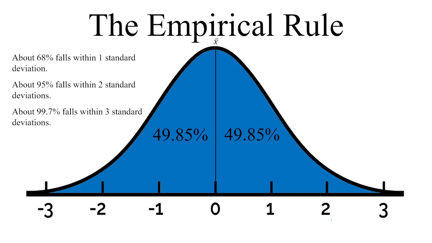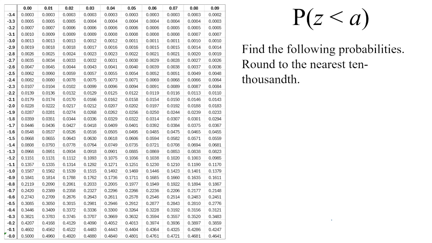Now, the next thing I want to show you is what we call the Z table. This Z table gives you more specific probabilities. What you see right now are the negative z-scores.